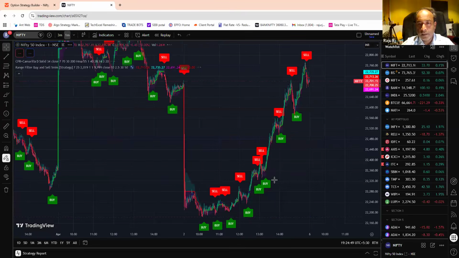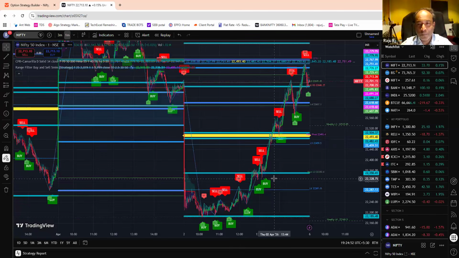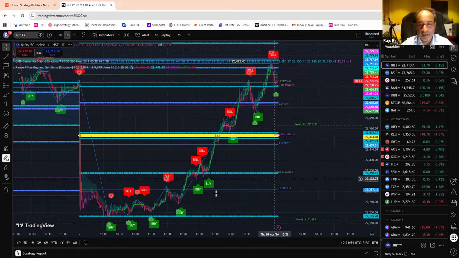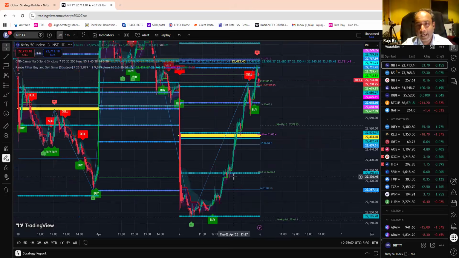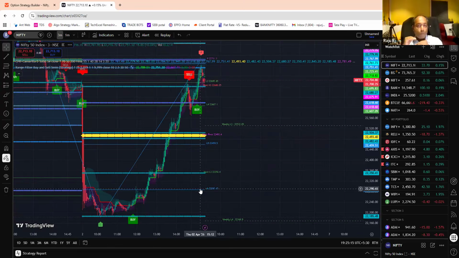If you see Nifty here, you can check out yesterday's graph. It was so beautifully respecting all the levels. See, if you see here in 3 minutes, our technical analysis chart gave a buy here. You can see it gave a buy here, and you can take any of the range in the L6 level. So L6 is the bottom level here with the code.